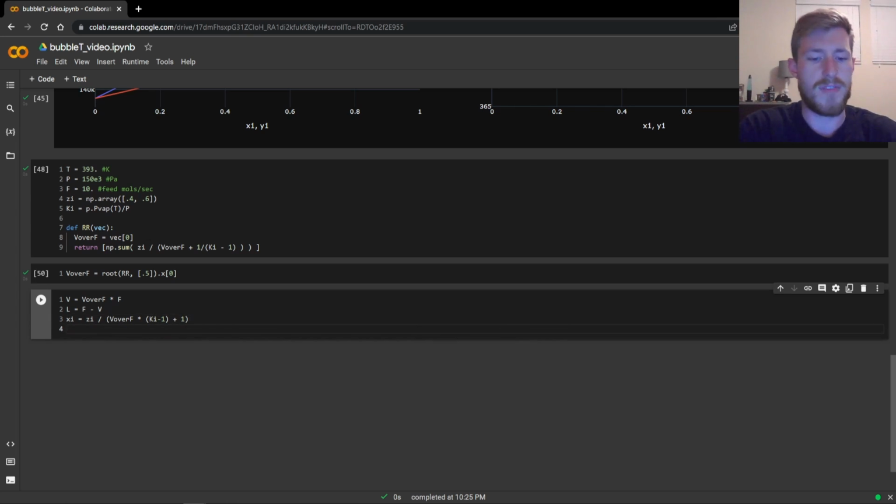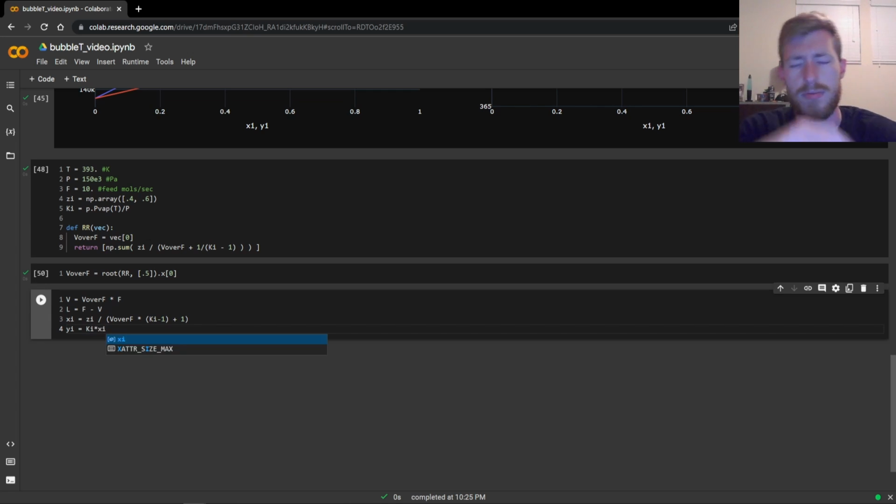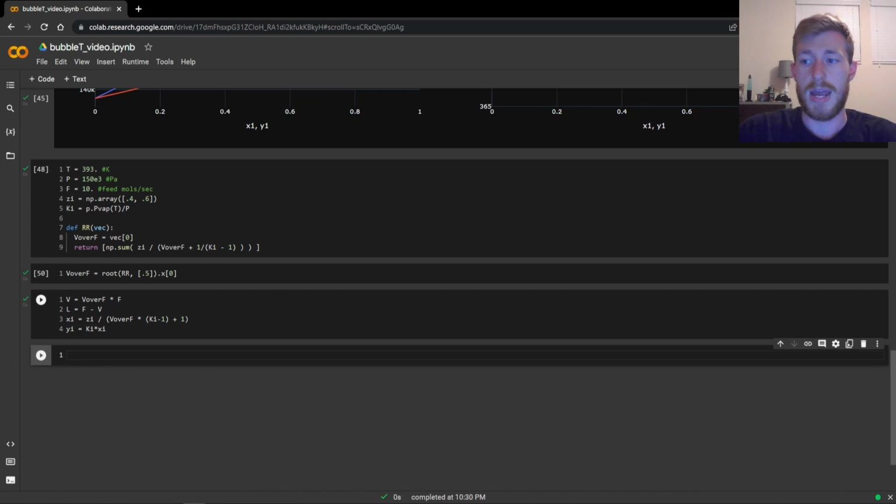And then yi, obviously, since we know that ki is defined as yi over xi, yi is equal to ki times xi, right? Because yi over xi, the slope, if you will, is equal to ki. So we just multiply ki by both sides, and that should be good.